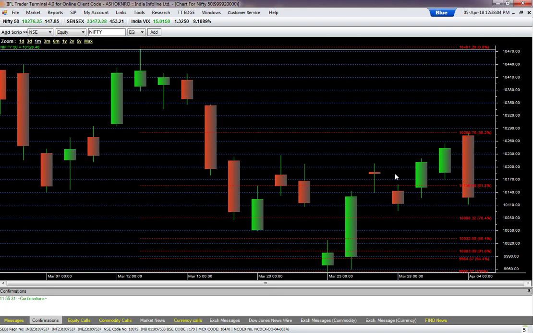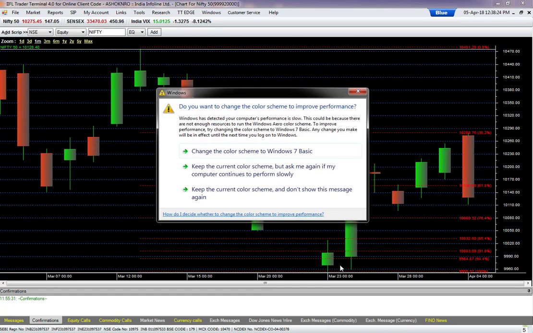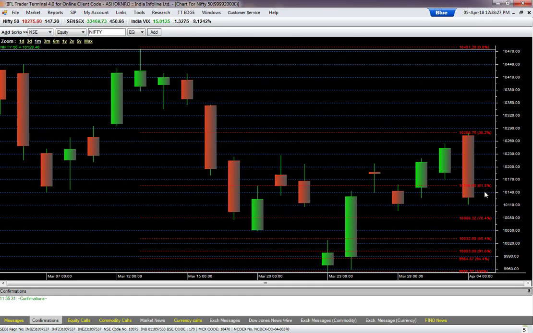We have already done the Fibonacci retracement, 100% has been taken, and any Fibonacci retracement, if it is to be considered a Fibonacci retracement, is supposed to show a retracement at least till 61.8%. If it does not retrace till 61.8, it is not to be considered a Fibonacci retracement at all. That's one thing you have to keep in mind.